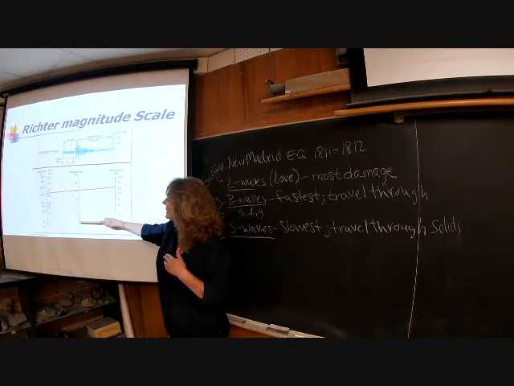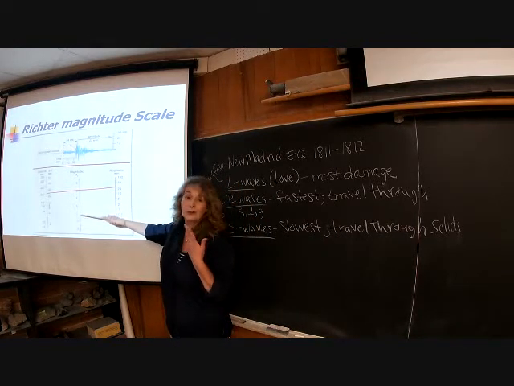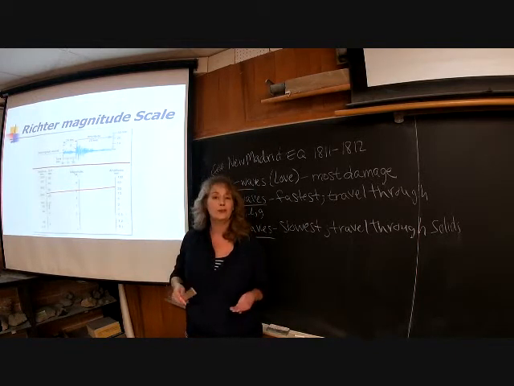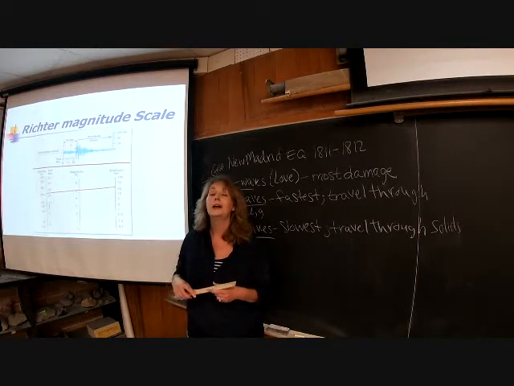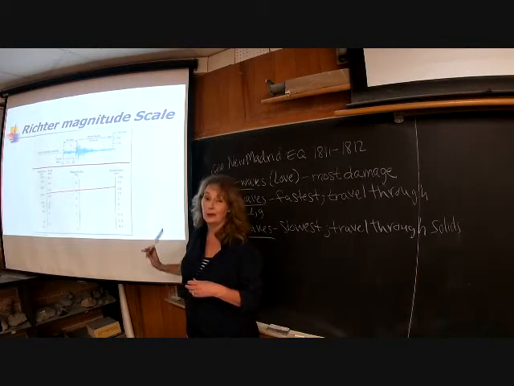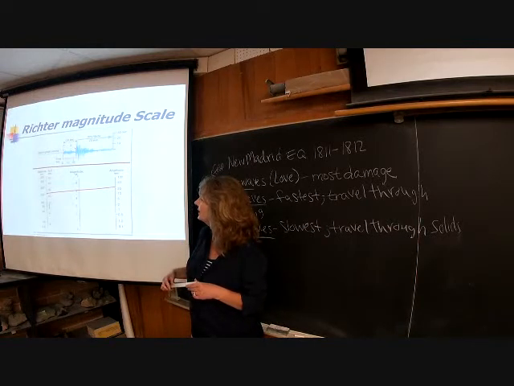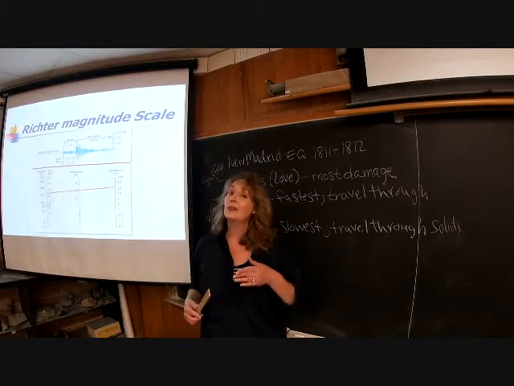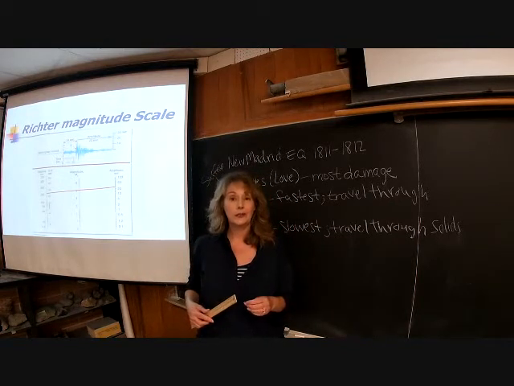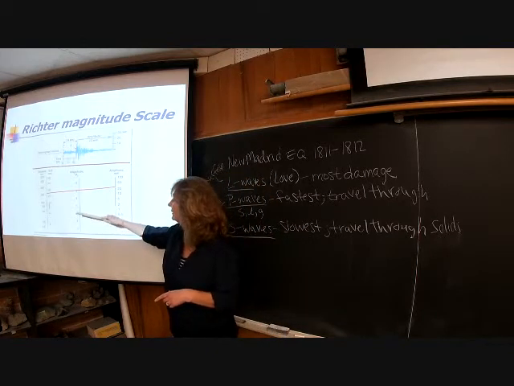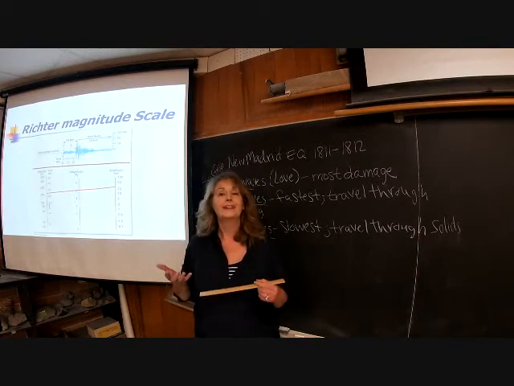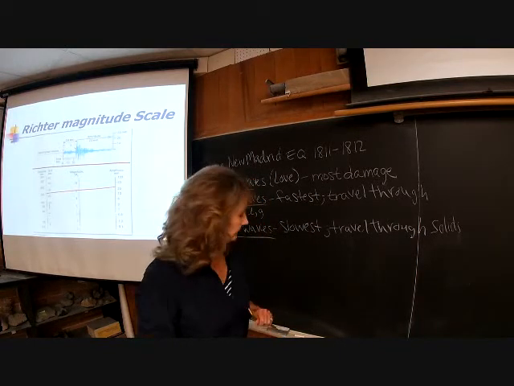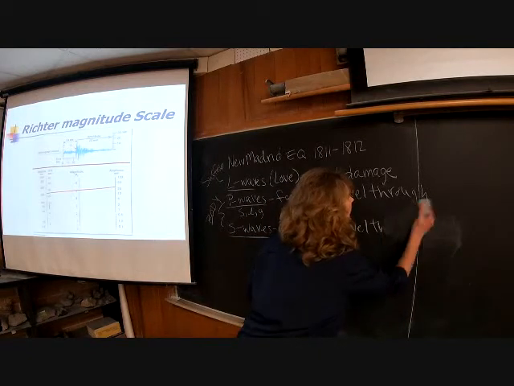So say we went from a magnitude of 1 to a magnitude of 2 on our scale, that would involve a 10-fold increase in the amplitude of our seismic wave. The amount of energy released is more like a 32-fold increase of energy for 1 unit of magnitude on our scale. So for example, let's just look at that.